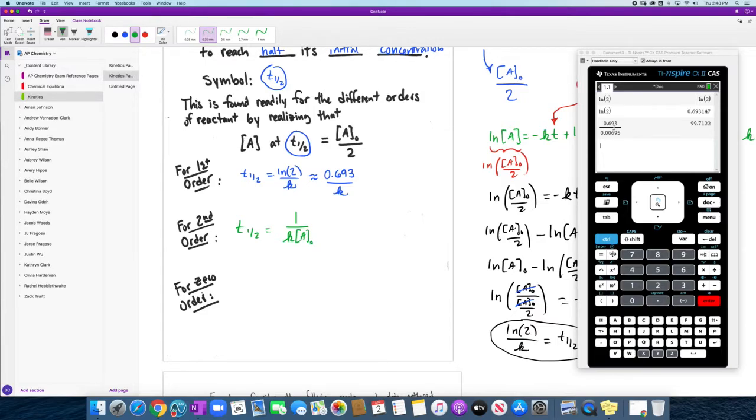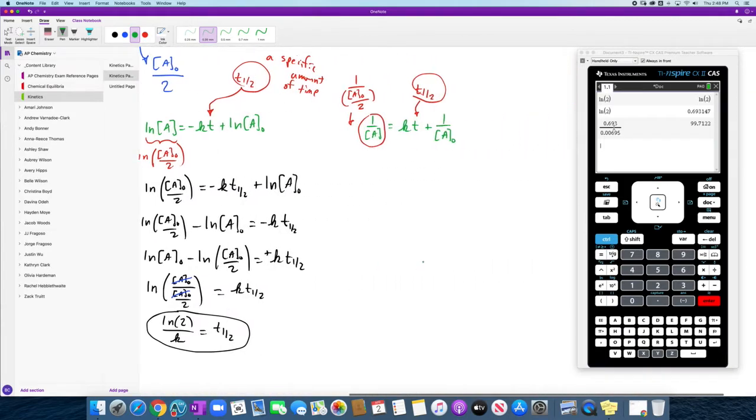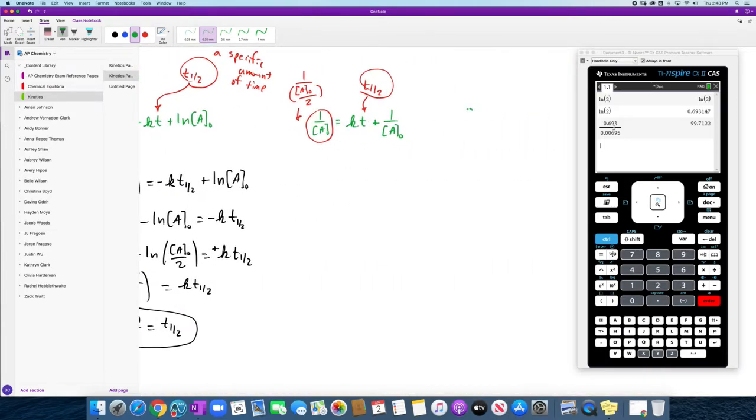Okay, and then for a zeroth order reaction, whose equation is concentration equals minus kt plus initial concentration, substituting in those same things, t half-life, the amount of time required to reach half the concentration, and this is not just any old concentration, it's half the initial concentration.